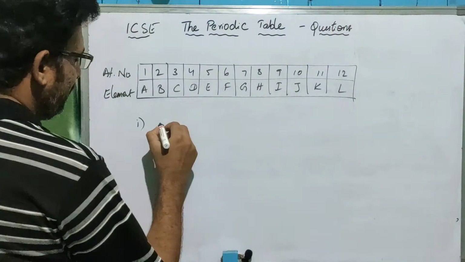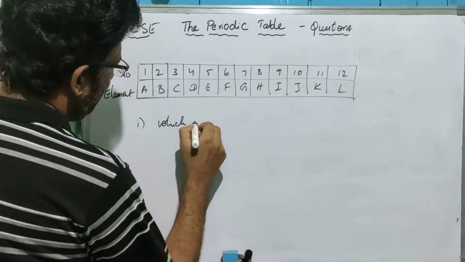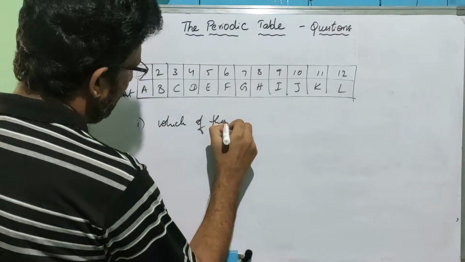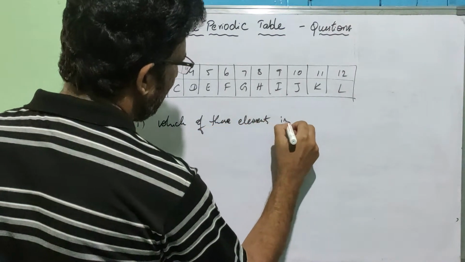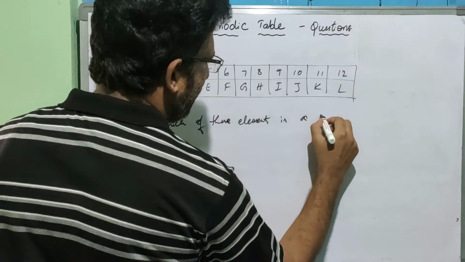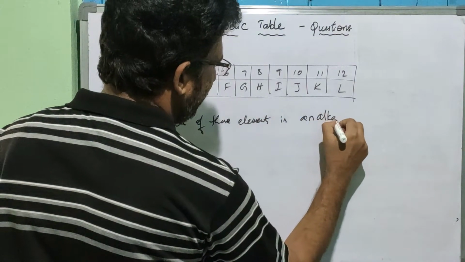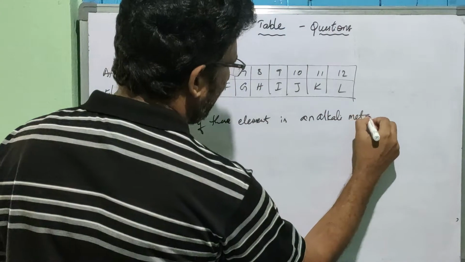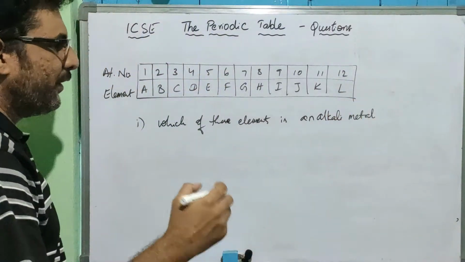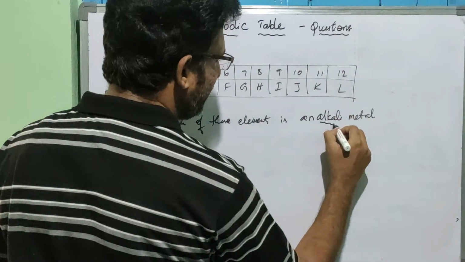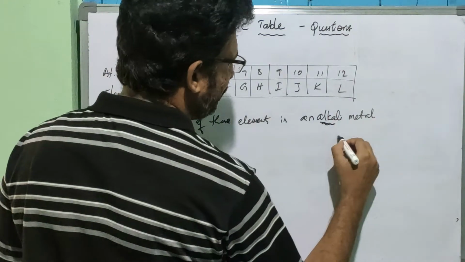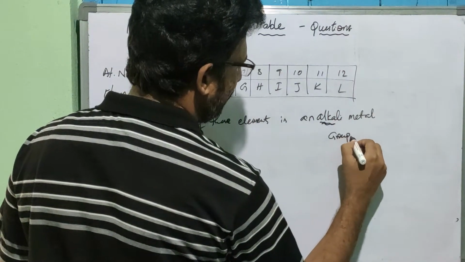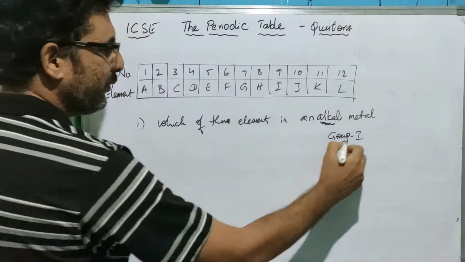Let's see the first question. Which of these elements is an alkali metal? We know that an alkali metal is the one which belongs to group 1, group 1A.